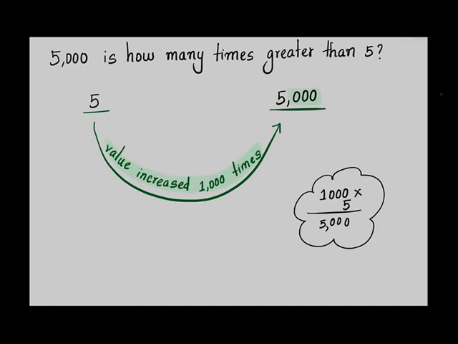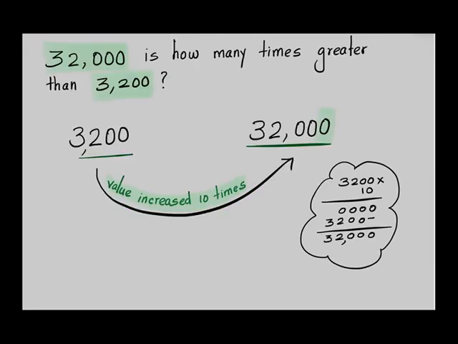So 5,000 is 1,000 times greater than 5. 3,200 when we multiply it with 10, we get 32,000. So the value of 32,000 is 10 times more than 3,200.